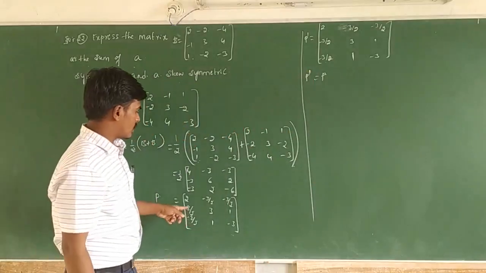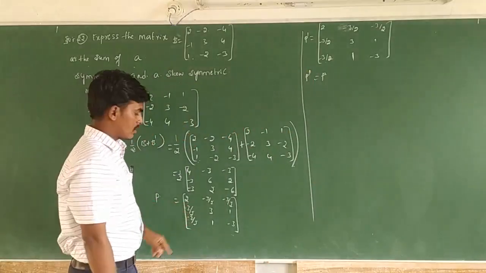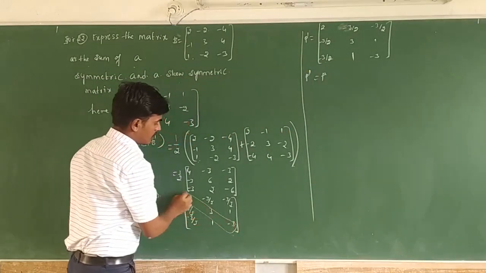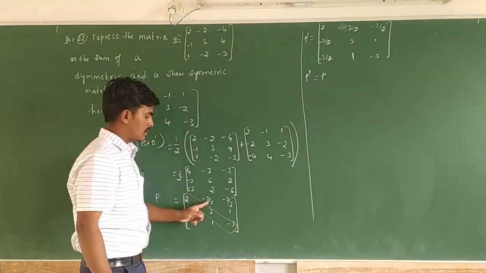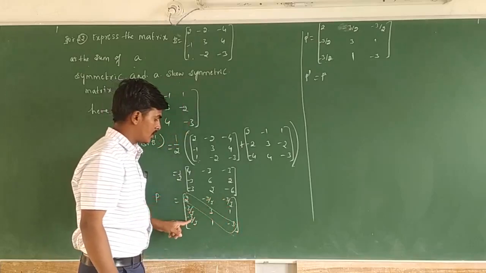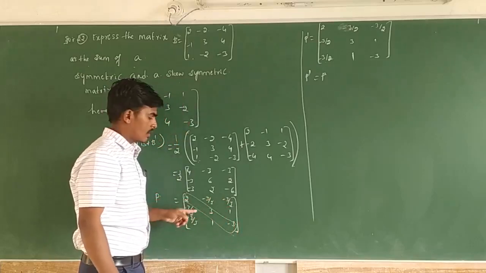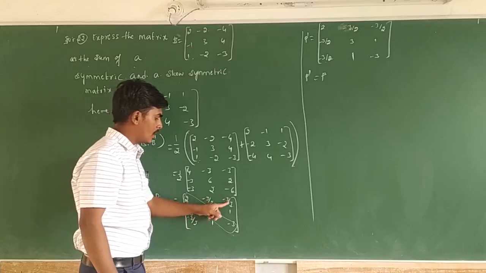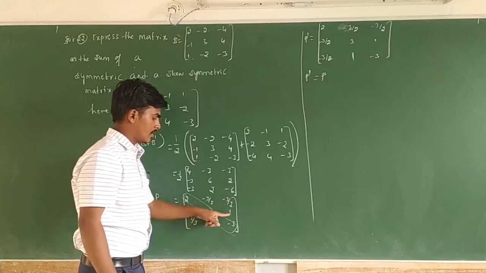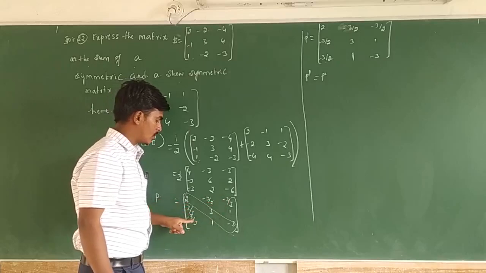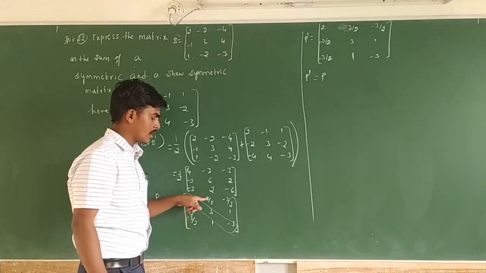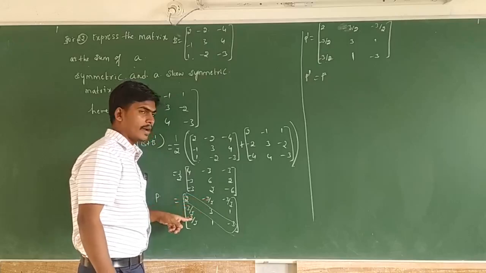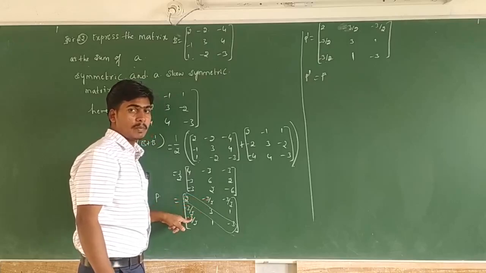Here it clearly shows that it is a symmetric matrix. Observe, these are diagonal elements, these are upper diagonal elements and these are lower diagonal elements. Upper diagonal elements and lower diagonal elements are mirror images of each other: minus 3 by 2, minus 3 by 2, minus 3 by 2, minus 3 by 2. Both are mirror images of each other.